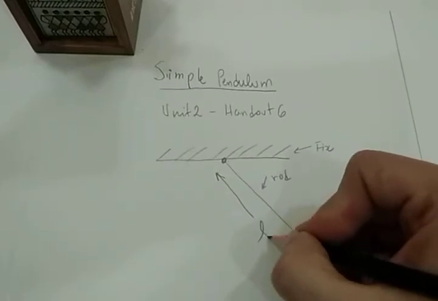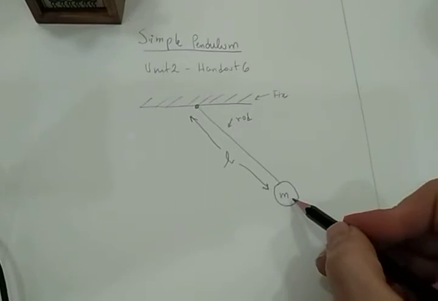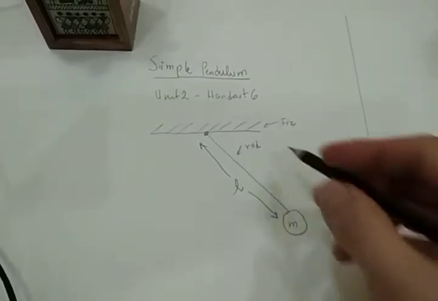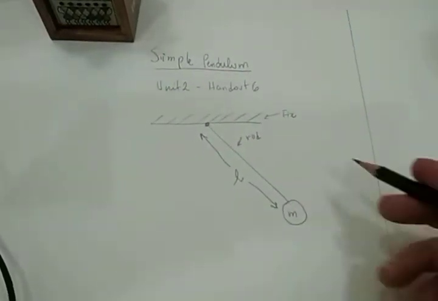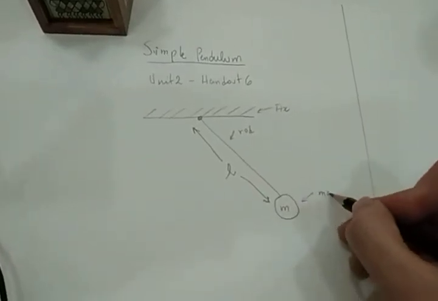So this length is L, and the mass is concentrated here at the end. We will assume that the rod is massless, and the mass is only here.